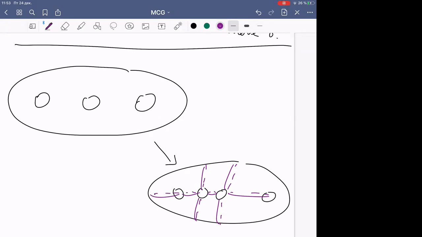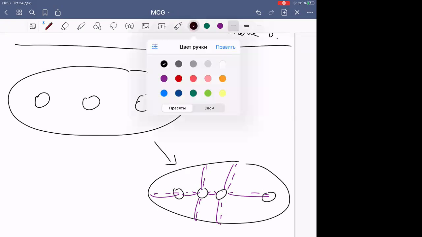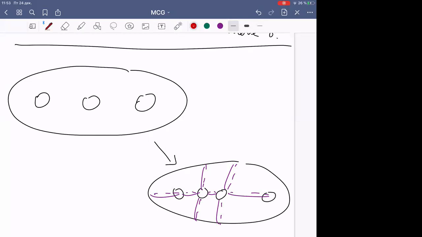And suppose that we have here a connected component of the preimage of this pants decomposition, which maps onto one of these curves with degree 0.